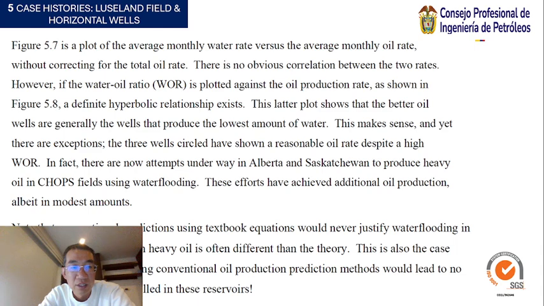Note that conventional predictions using textbook equations would never justify water flooding in such a field, but the reality in heavy oil is often different than the theory.